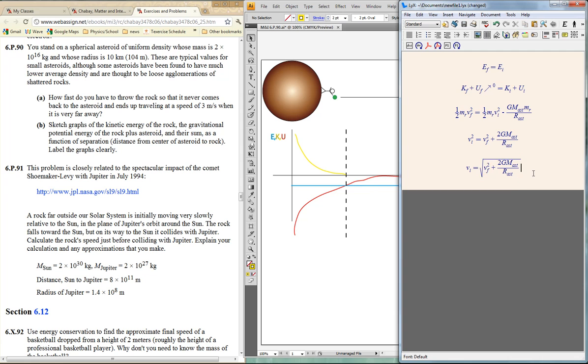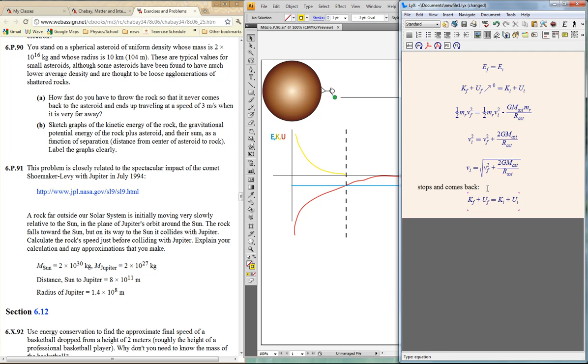Notice that we can't use this formula if we wanted to know, say, at what height the rock would stop, because we've already assumed that U final is 0, which would not be the case if the rock did not escape to infinity. So if we want to know when the rock stops and comes back, then we need to rethink this formula. U final is not 0. There is one thing that's 0, though.